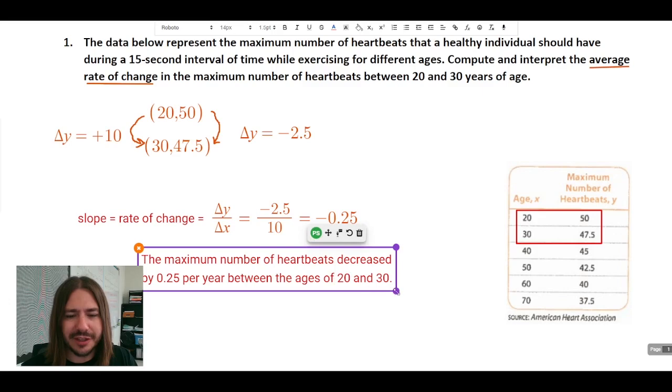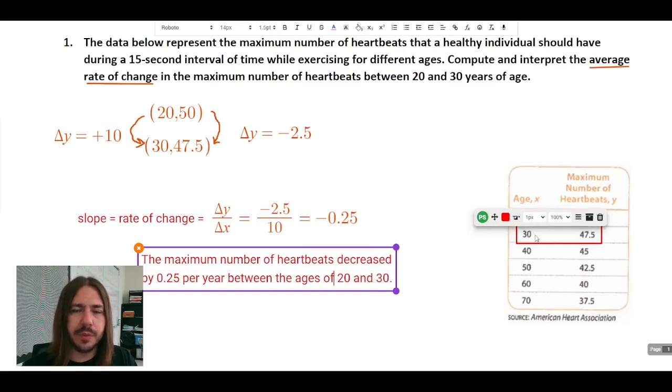Grammar there I'm a little shaky, but that's the idea. Basically, you're communicating that as you get older, the maximum number of heartbeats is going to decrease. Okay, so that's number 1.